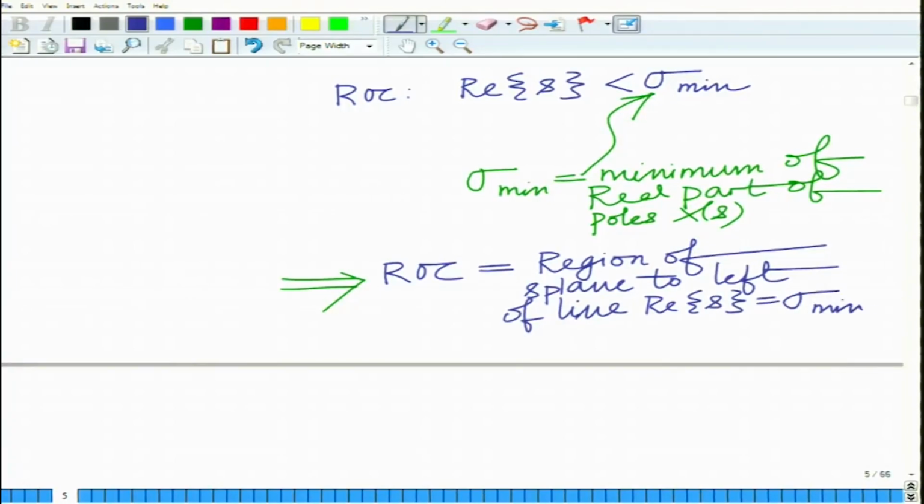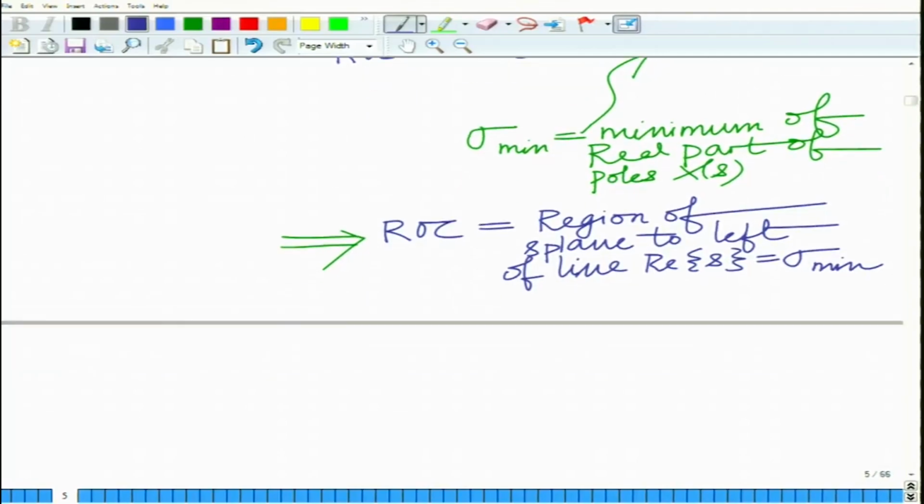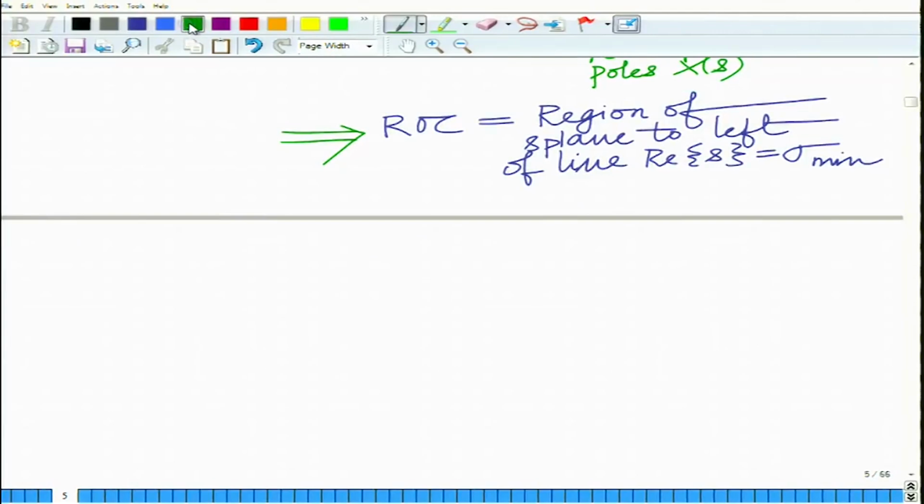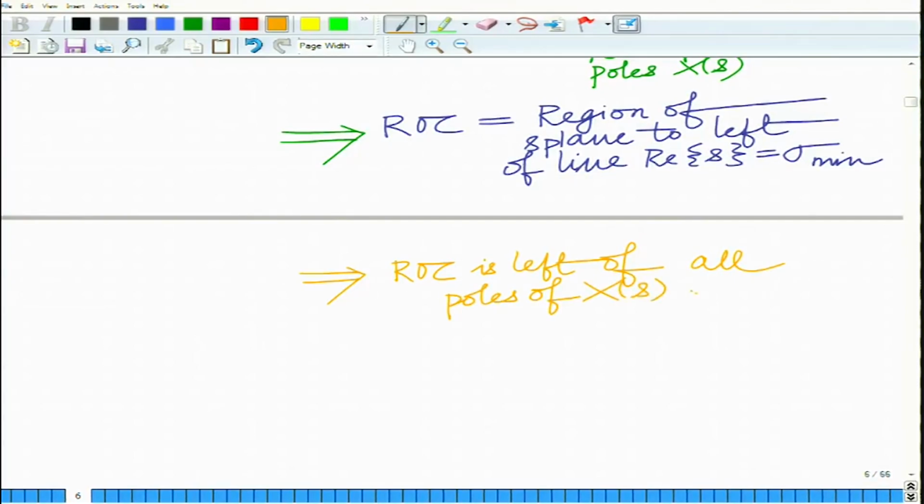So, ROC is the region to the left of this line, in fact not including this line, real part of S equal to sigma min. This also implies that it is to the left of all poles of X of S, that is, ROC is left of all poles of X of S.